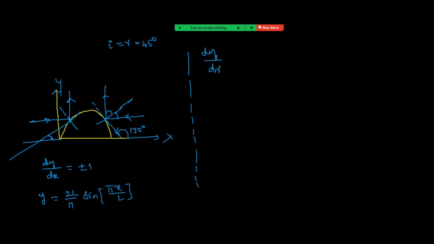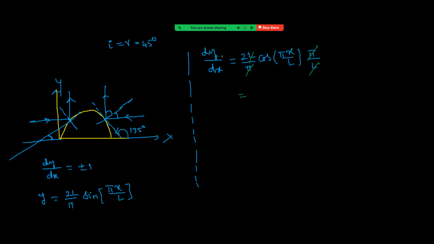So dy by dx is equal to 2l by pi, derivative of sine that is cos pi x by l. Now derivative of the inner function that is pi by l, right? Now see the simplification part. Pi and pi get cancelled. L and L get cancelled.